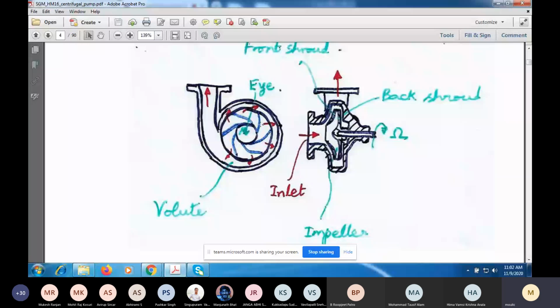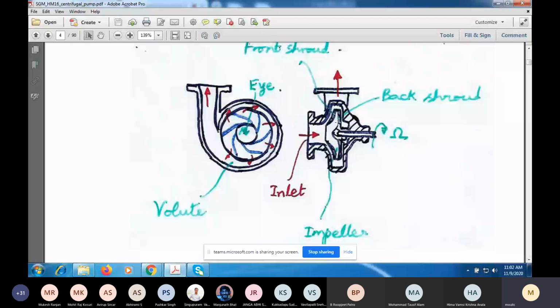The fluid will go out through the passages between the impeller blades, which are shown in blue over here. And the impeller will be rotating with the angular velocity omega. If you look at this view, the fluid will enter axially, and as it goes through the impeller, it will turn. So it will acquire a radial component, and eventually the axial component becomes zero.